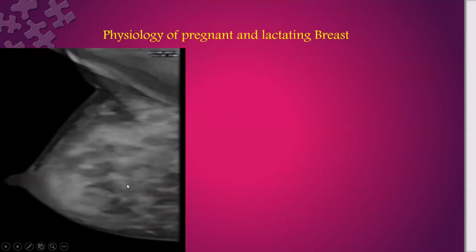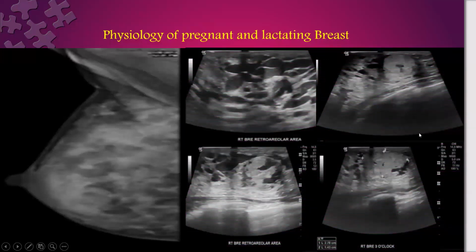So if we look here, this breast is very dense. Can you see any findings in this breast? It is definitely difficult, but we could understand that this is most likely a lactating breast. If we look here, can you see all these? You see milk-filled ducts, dilated ducts, yes. And these galactoceles.